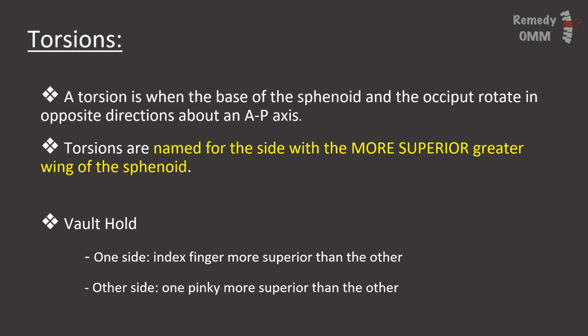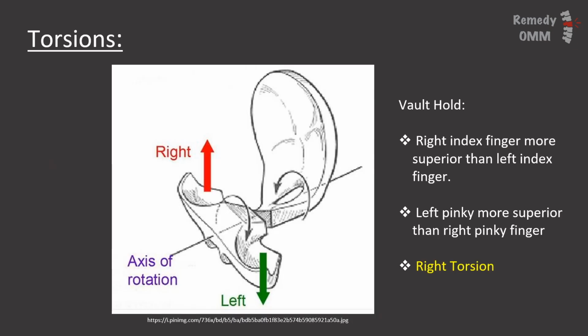Let's take a look at a visual example. Here we can see a picture of a right torsion. You can see the black line cutting through the middle, which represents the anterior to posterior axis. The sphenoid and occiput rotate opposite to each other about this axis. In this example, we can see the greater wing of the sphenoid on the right is more superior than the left, and we name the torsion based on the side with the more superior wing of the sphenoid.